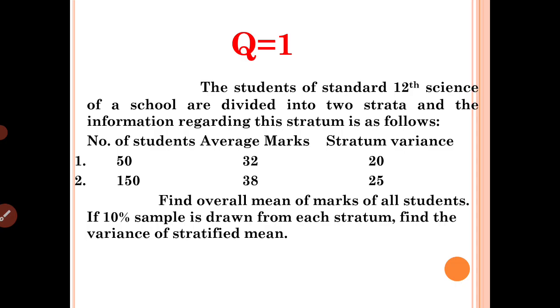Variance means s square. Find the overall mean marks of the students if a 10% sample is drawn. A 10% sample means we are finding small n1 and small n2. The full question: the students of standard 12 science of a school are divided into 2 strata, and the information regarding these strata is as follows: number of students 50 and 150, average marks and stratum variance. Find the overall mean of the marks.